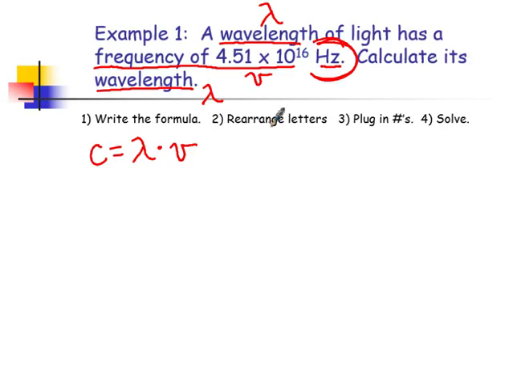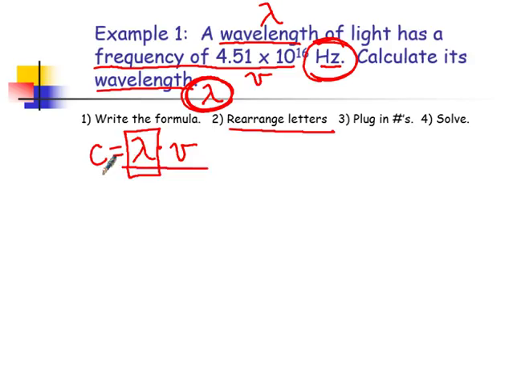So instead, what we want you to do first is rearrange the letters for the variable that we're finding. And they said, calculate this wavelength. So here's what I do. I'm going to put wavelength in a box. I need to isolate wavelength on the side of the equal sign all by himself. So that means I need to get rid of frequency. The way I do that is by doing the opposite.